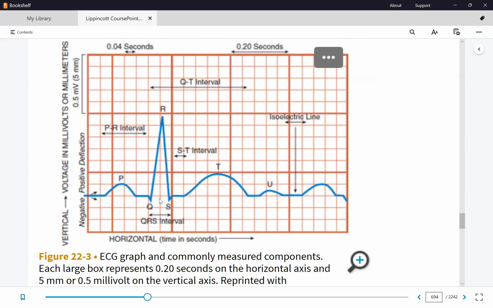So as long as my QRS complex is not more than 0.12 seconds, usually it's 2 small boxes, I know it's normal. So just eyeball it, because you have other things to do. I don't want to spend hours looking at my patient's rhythm. So it helps you analyze your strip faster.